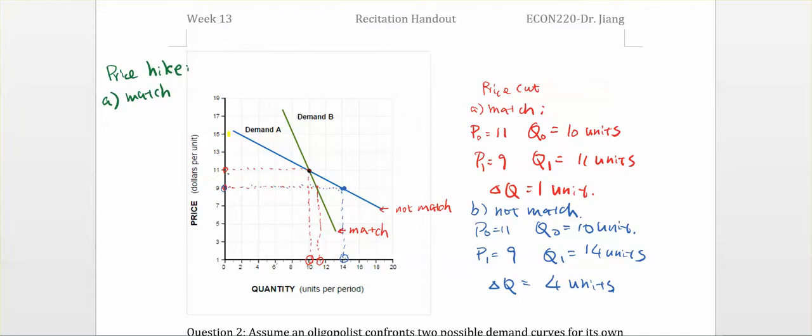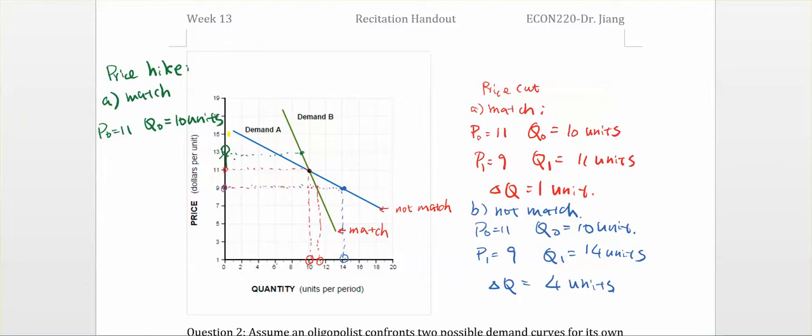The initial price is still $11, so P0 equals $11. Q0 never changes because it's the equilibrium point, so still 10 units. Now the price, instead of decreasing to $9, increases to $13. We look at the matching curve, the green curve.